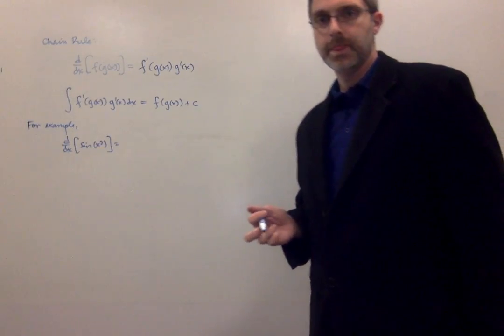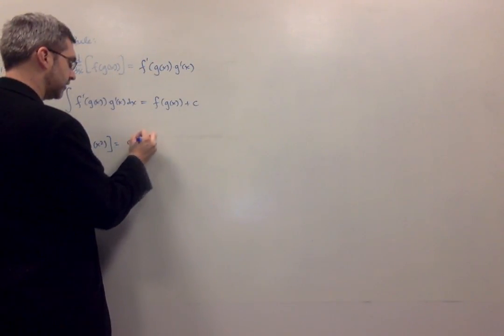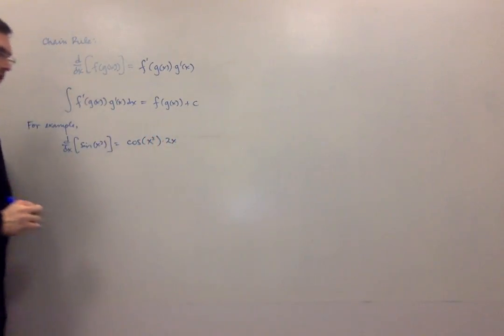What you should see is the derivative of the outer is cosine. You plug in the inner, and then multiply by the derivative of the inner. That should be your answer.